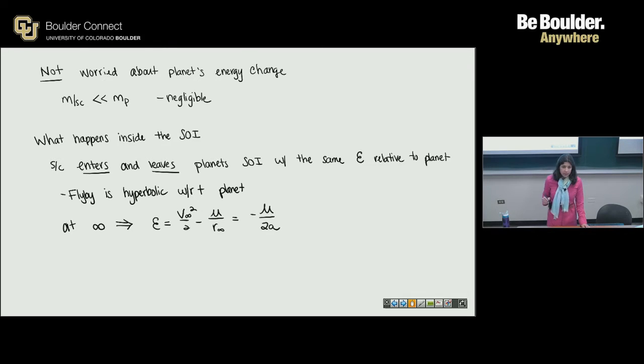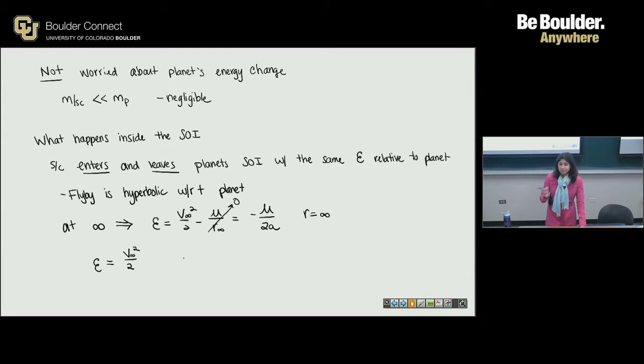So what's going to happen to that term? Yeah, this term essentially goes to 0 because r is infinity. Now again, we're just making an approximation that's not entirely true, but we can say that energy is now V infinity squared over 2.